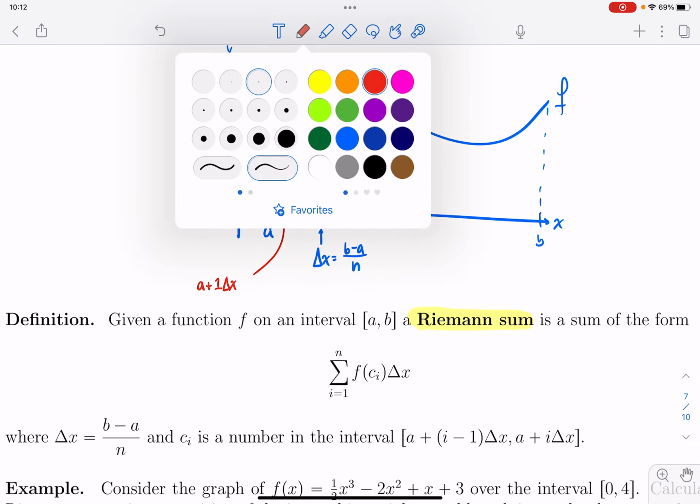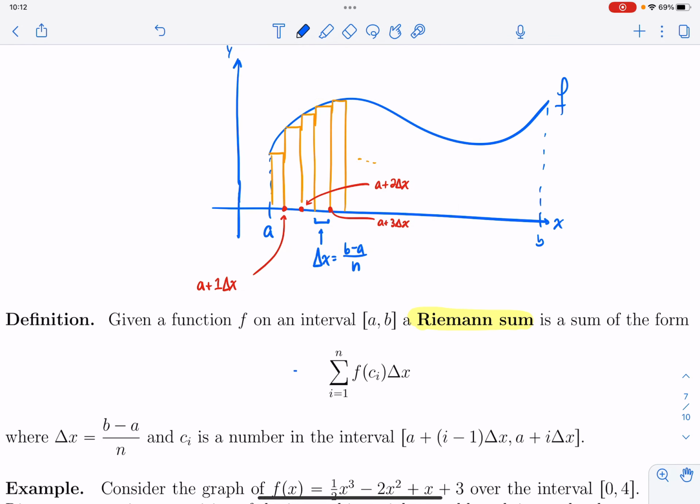We can write this out real quick. What is this? This is going to be the first rectangle. The area of that is going to be height, which is going to be f of some value in between, say c1, times its width, which is delta x.